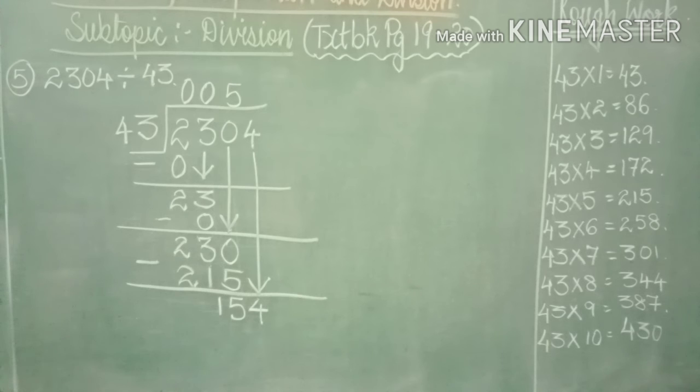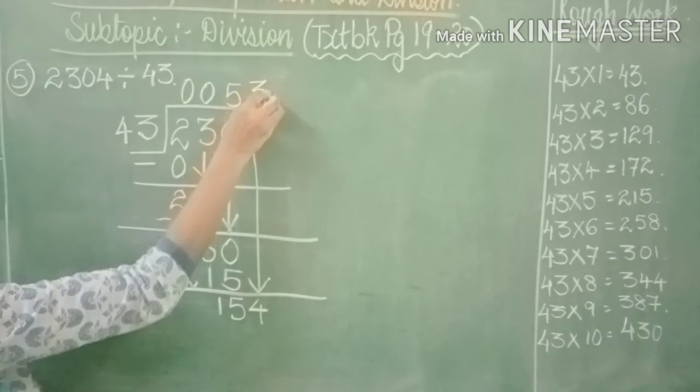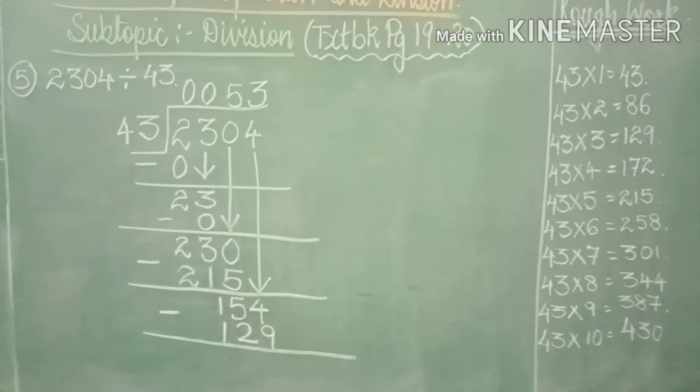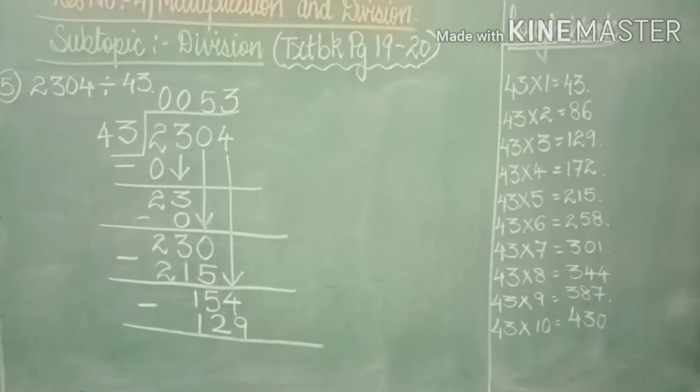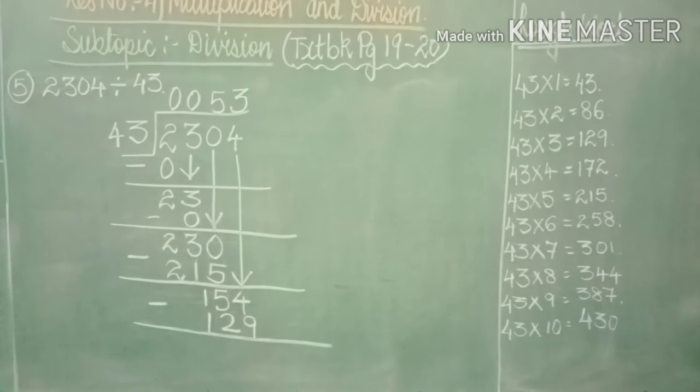As you can see over here, 43 4s are 172 and 43 3s are 129. So we will be writing 43 3s are 129 with a minus sign, and we will get the last answer, that is remainder, and the remainder answer will come as 25.